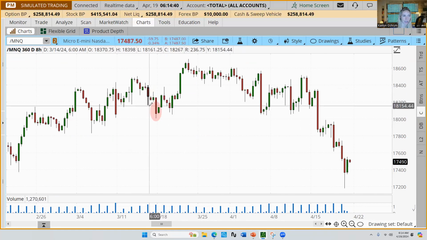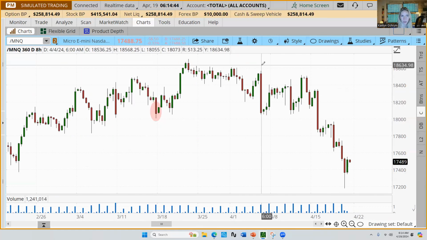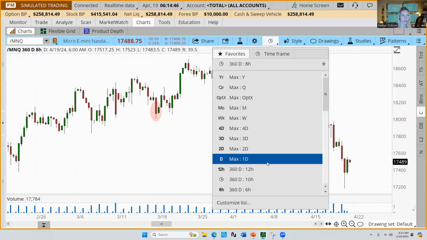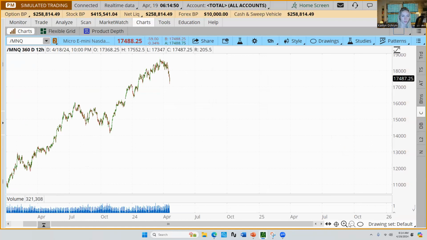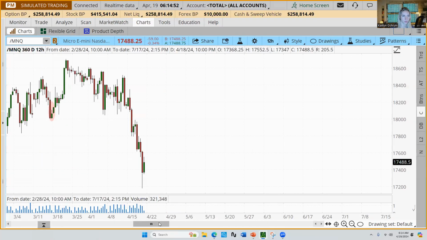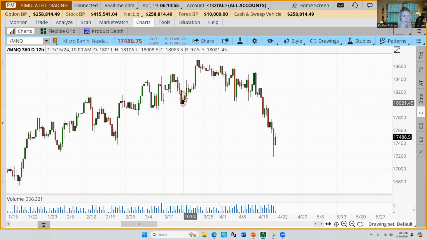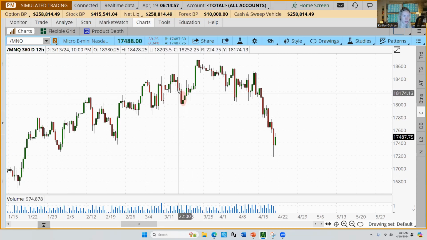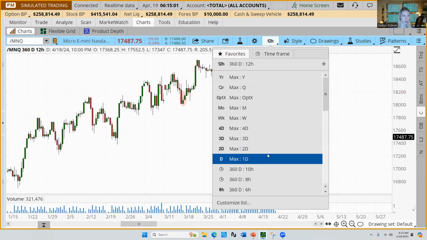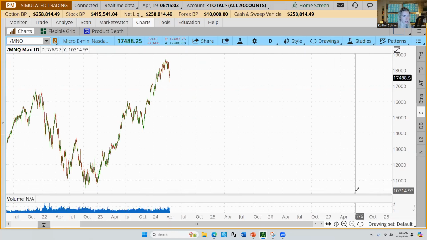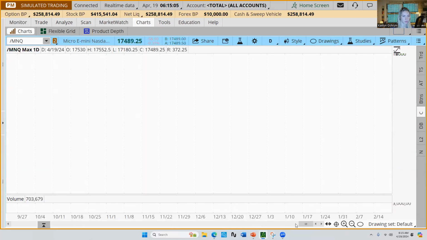Now we see two candles, still looks pretty similar as far as a pivot point is concerned. Let's take it from an 8 hour to a 12 hour now. Okay, still the same thing. We're just seeing, again, fewer candles. Let's go up to a daily time frame.